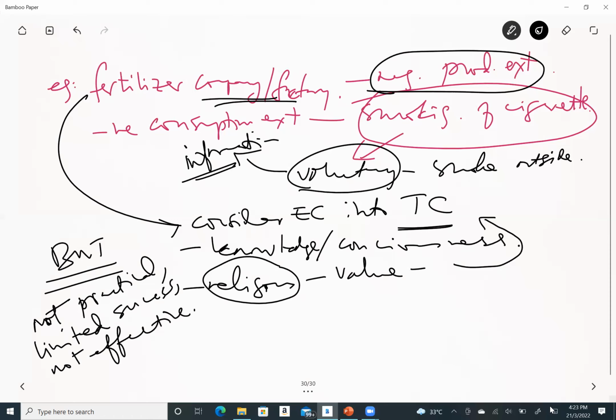Why? Because normally, even though you are very religious, you don't think too much about other people. Maybe you think a little bit. Say his cost is actually 10,000, but you may underestimate the cost and say only 1,000. So voluntarily, it can work, but only in very limited situations.